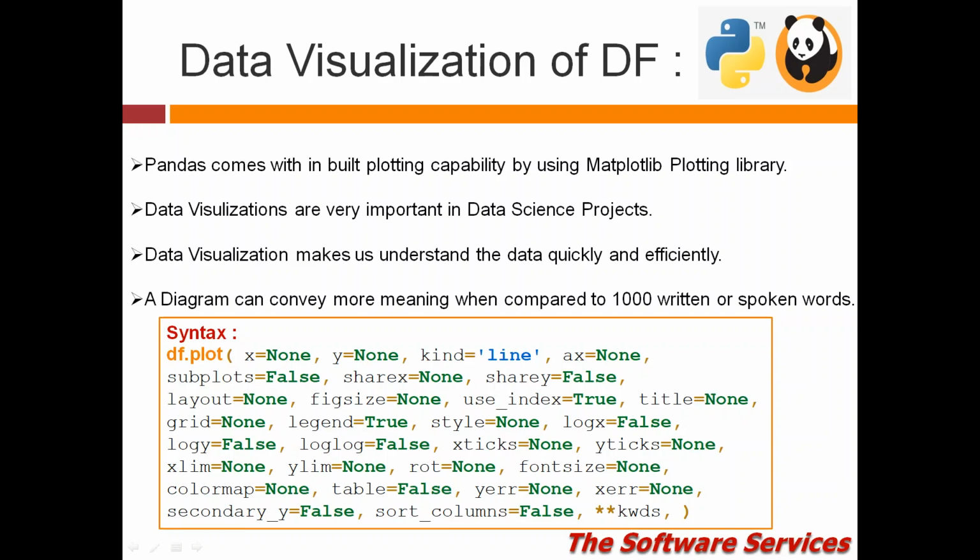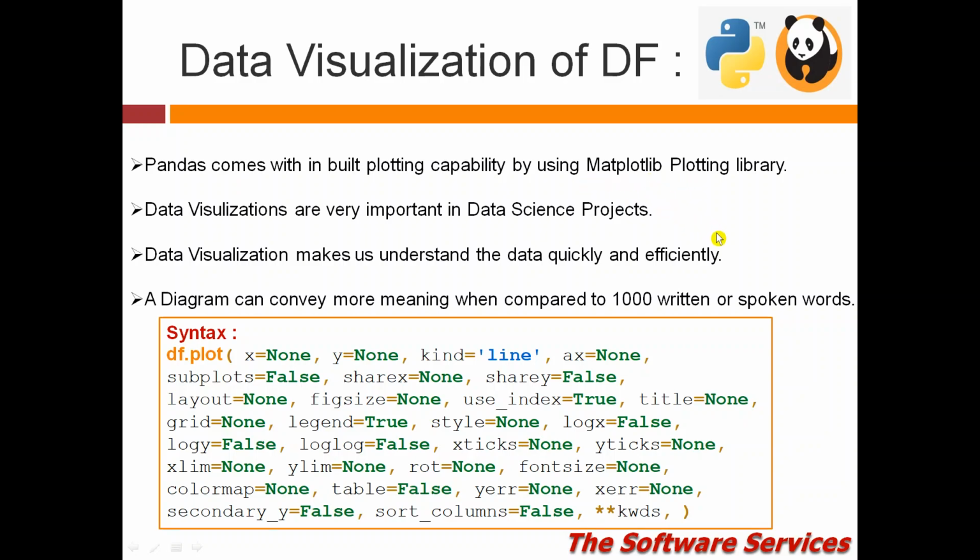We have at last come to the stage of data visualization of a data frame. It's an exciting topic: how to visualize the data. Pandas comes with an inbuilt plotting capability that uses the Matplotlib plotting library. The exciting part of Pandas is that it comes with an integrated function called plot, which makes use of Matplotlib.